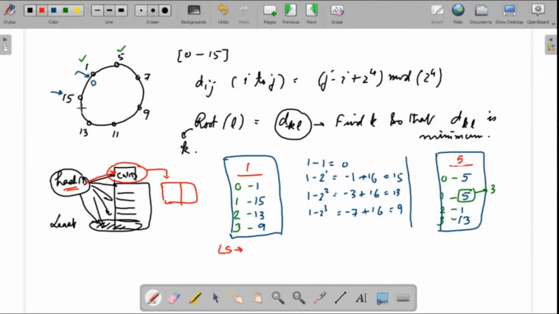So who are the neighbors of 1? I am just keeping 5 and 15. There are 2 more entries which I am going to make. This leaf set is going to have, I am only keeping predecessor and successor. So 5 will be maintaining 1 and 7.